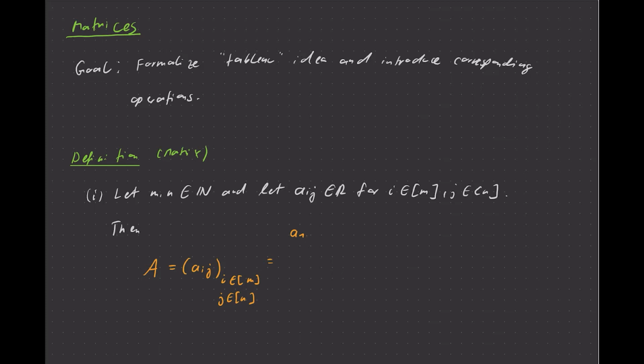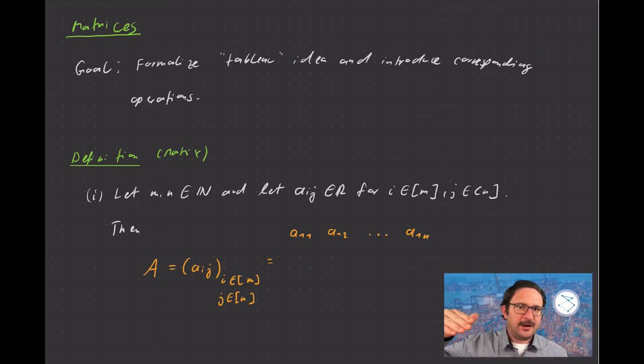And what that means is a rectangular scheme like this. In the first row of this scheme, we have an entry a_11, then we have a_12, and so on up to a_1n. So the first index always denotes the row. a_1 something is always an entry for row 1, and the second index denotes the column. So a_12 is the entry for row 1, column 2.